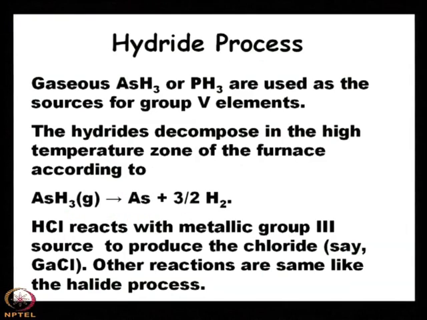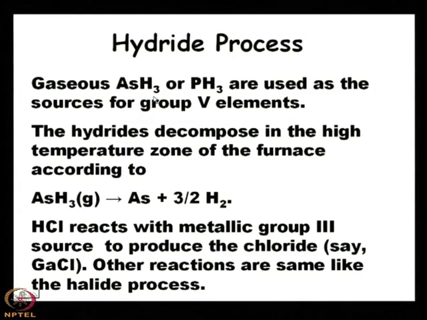Now, if you take the example of the hydride process, you see that in the hydride process gaseous AsH3 or PH3 are used as the sources for group 5 elements. That means all the time it is the game with the group 5 elements.